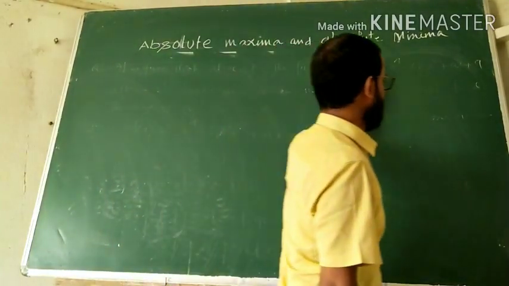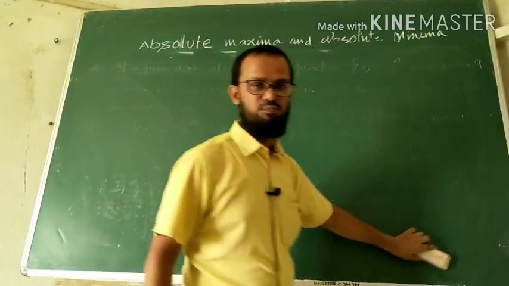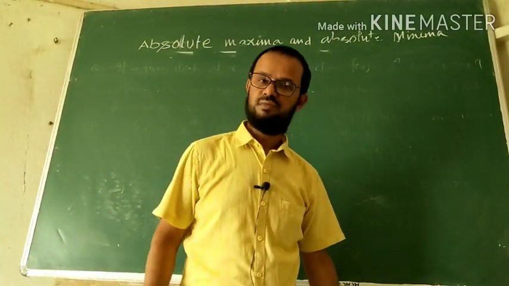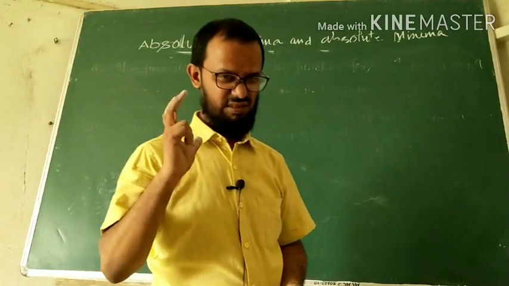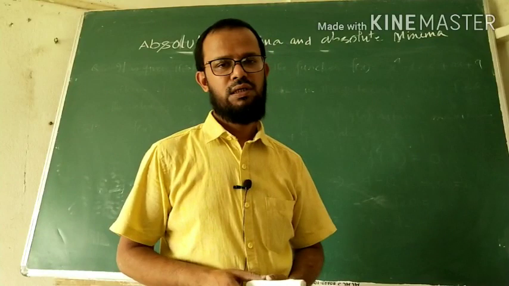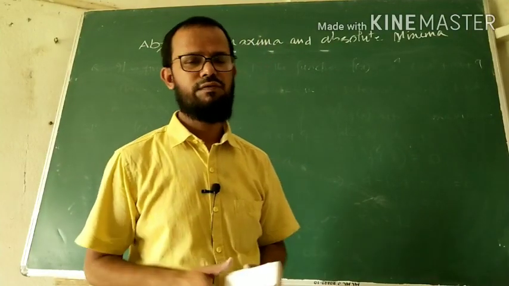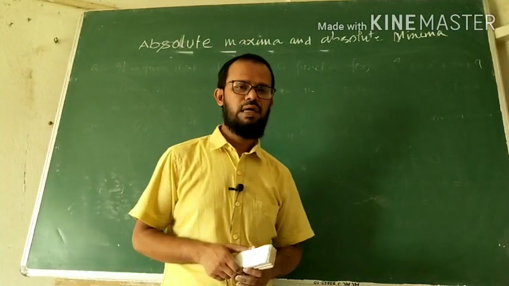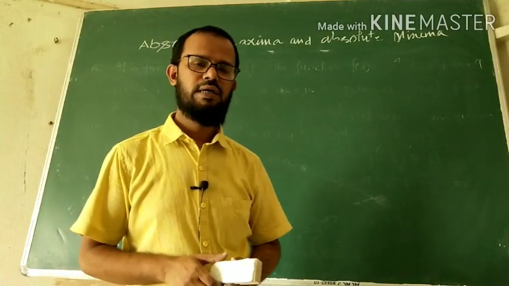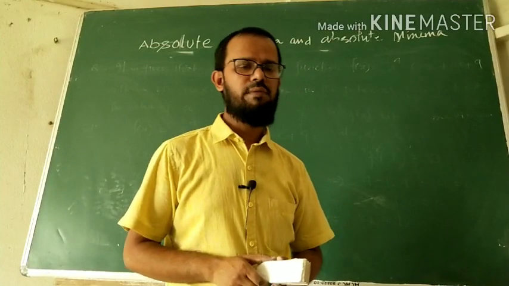And if it is specifically mentioned that you have to find absolute maximum and absolute minimum, so no issue. But if the function is defined in the closed interval and they tell you to find the maximum and minimum value, that means you have to find the absolute maximum and absolute minimum value. I hope I make you understand that particular content.